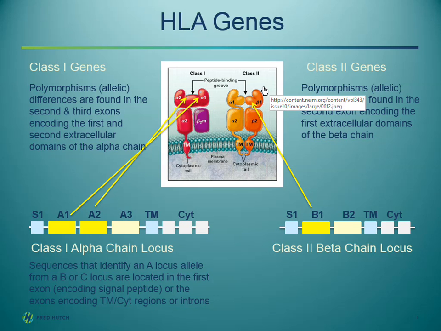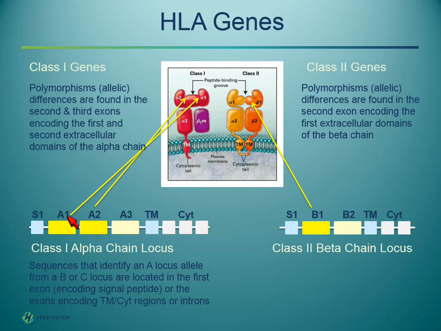When we type for A, B, and C, we actually only look at the second and third exons in those genes. Within exons 2 and 3, it's the variations in these alpha helices that really make a difference.